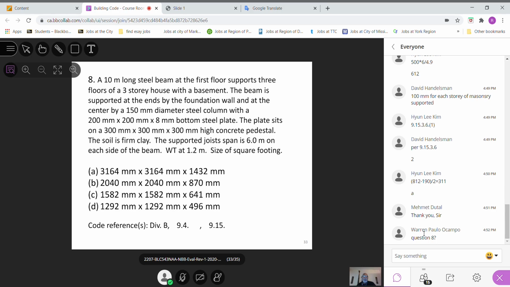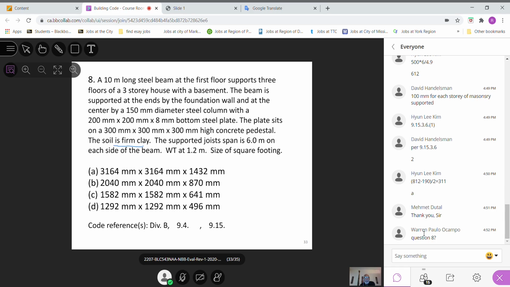The beam is supported at the ends by foundation walls and at the center by a 150 millimeter diameter steel column. It has a 200 by 200 by 8 millimeter bottom steel plate, and the plate sits on a 300 by 300 by 300 high concrete pedestal. The soil is clay.